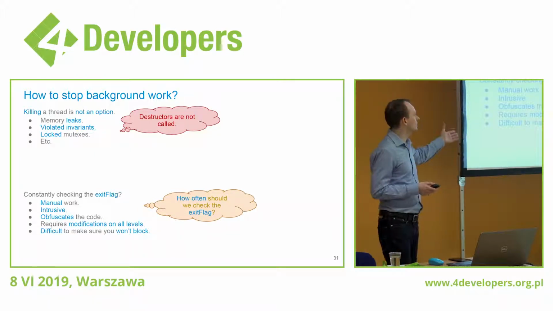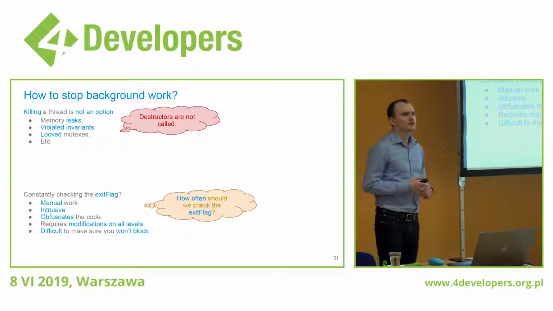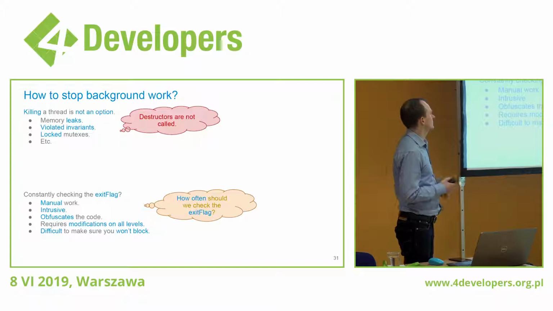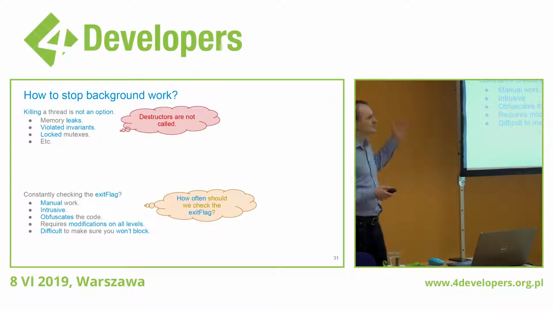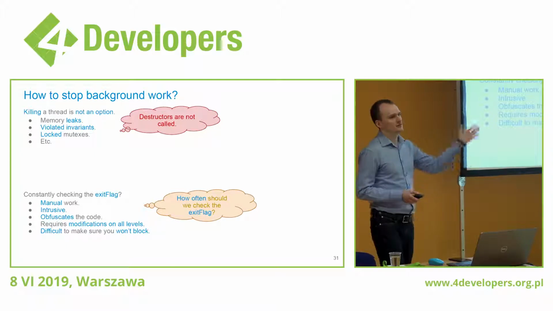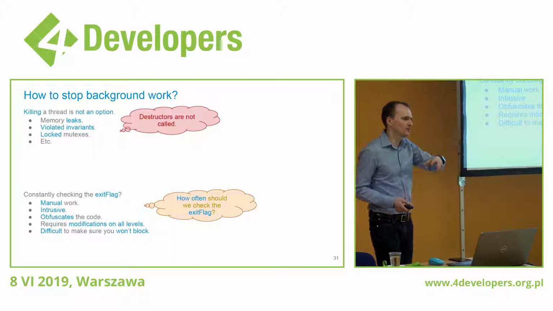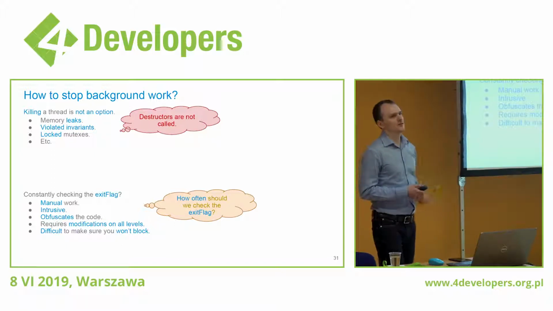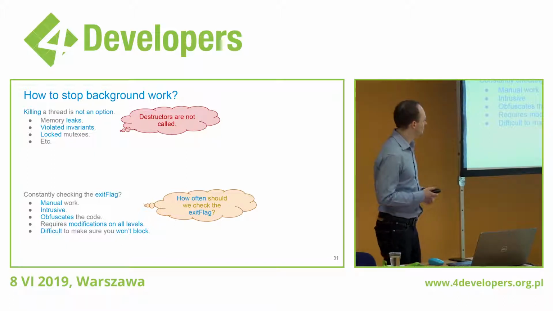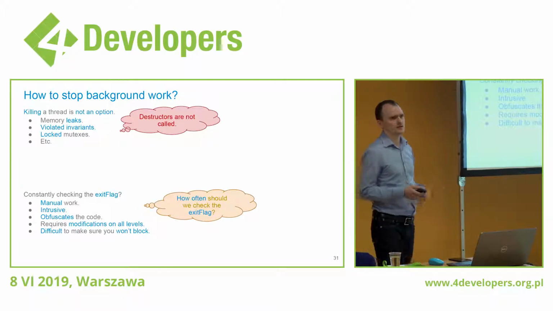So the classic solution is to use an exit flag and check it to cancel our work. So this is very intrusive to our work. We have to put the error checking everywhere. We have to propagate the value of the flag. We have to then exit from whatever nested call stack we are in at the moment. And it's very difficult to make it work reliably.